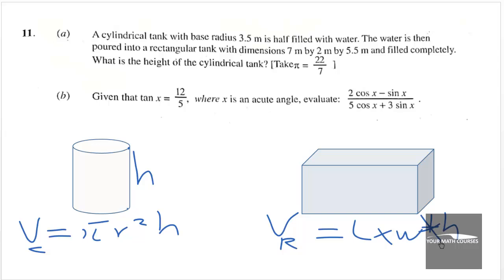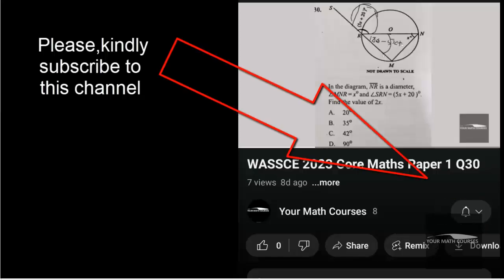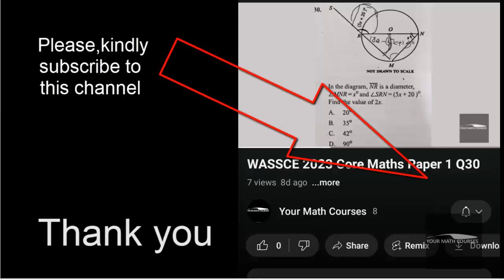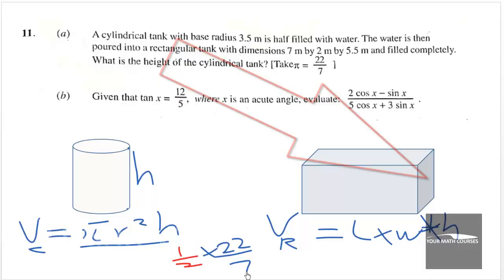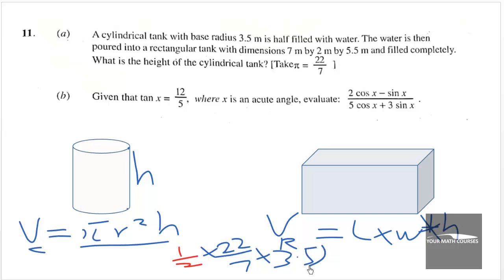This is equal when the cylinder is half filled. So we have half of pi, which is 22/7, times radius squared, 3.5 squared, times h, is equal to 7 times 2 times 3.5.